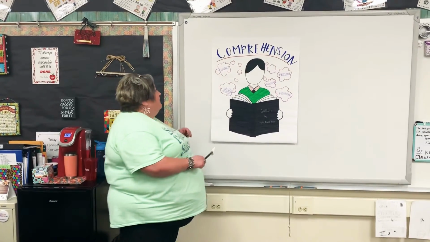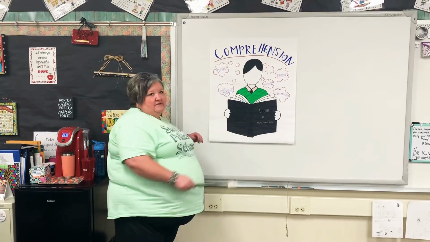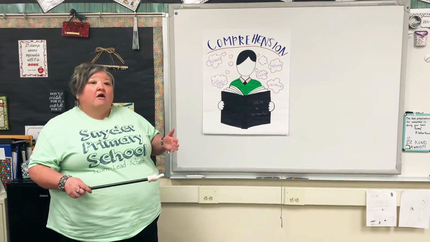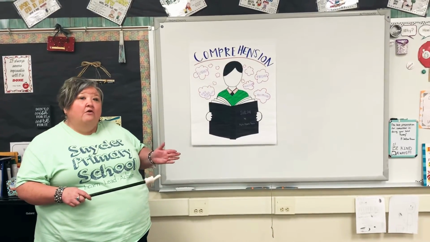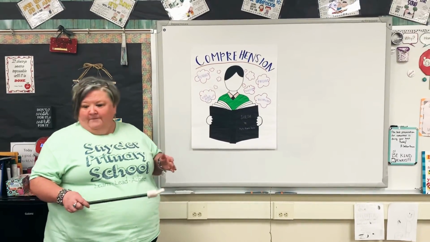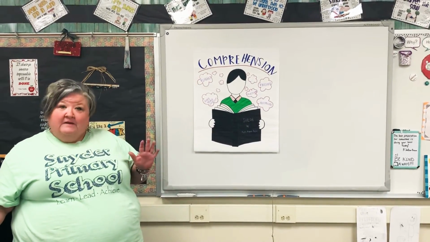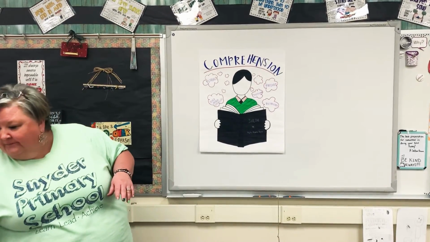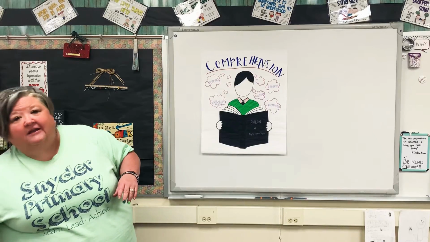To begin with, word attack strategies. Word attack strategies, simply put, are ways that a child decodes an unknown word. There are 5 basic ways to do that. The first, word attack, simply means chunking.